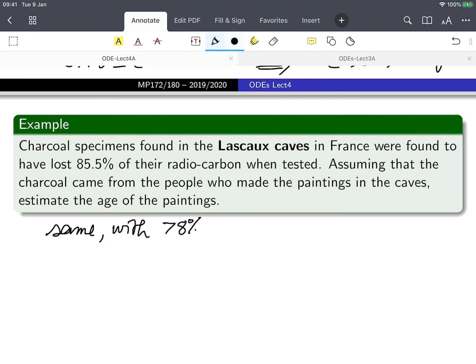So instead of 78% remaining, you now have 14.5% remaining. Other than that, it's the same calculation because it's again with carbon. The radiocarbon is again C14.